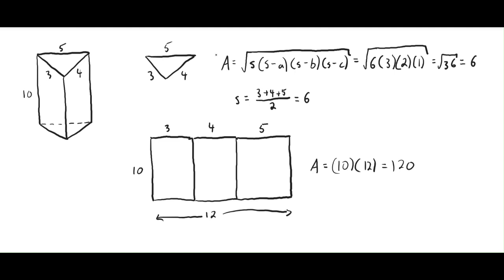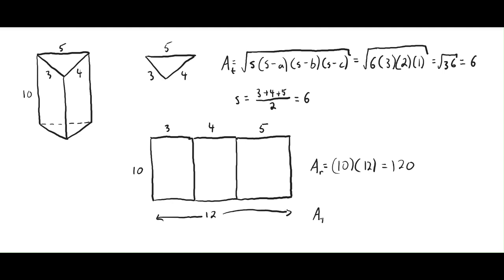Okay, I'm going to call this AR, just so we don't mix it up with this AT up here. I'll call that AT for the triangle, AR for the rectangle. Now our total area will then be, so the total surface area on that triangular prism, what should I call this one?